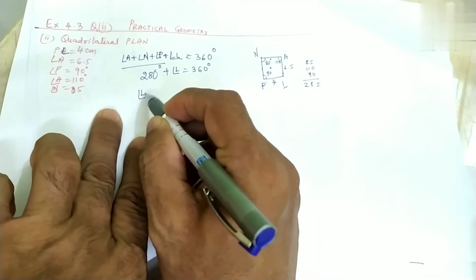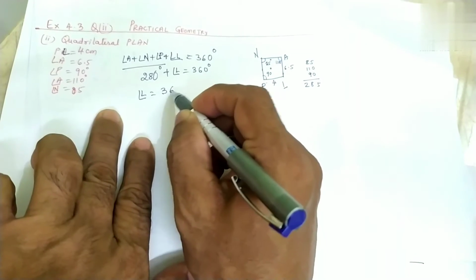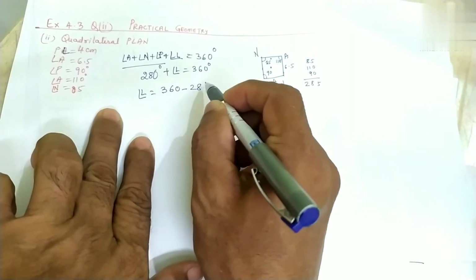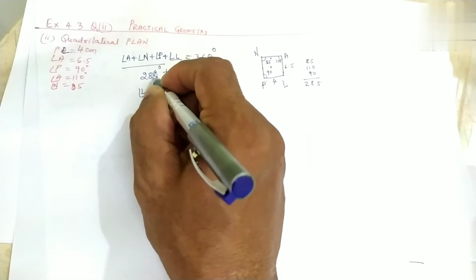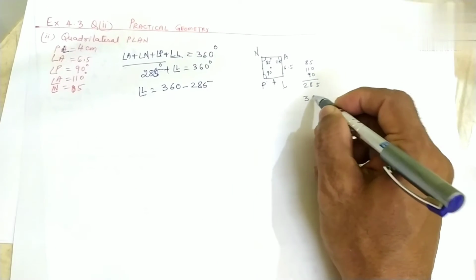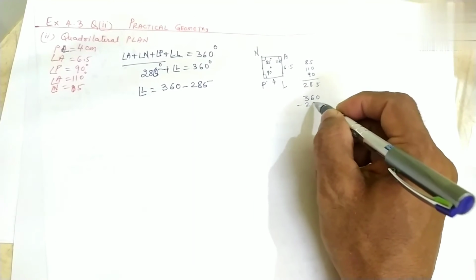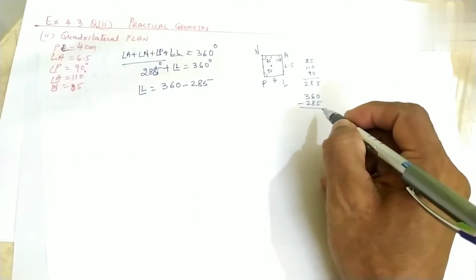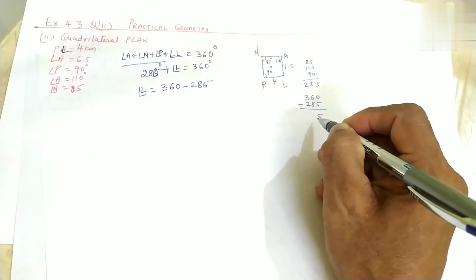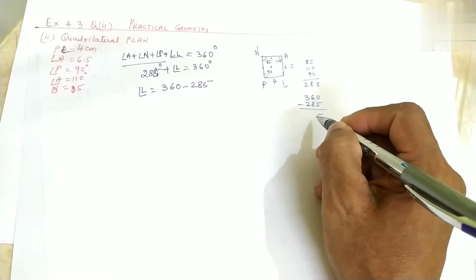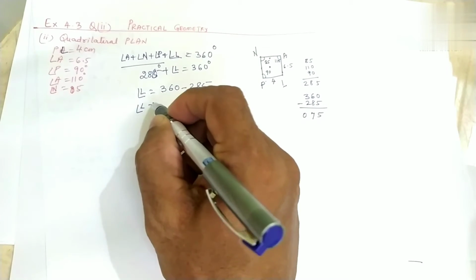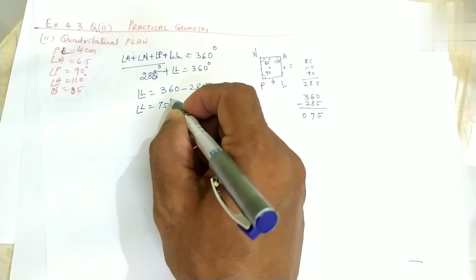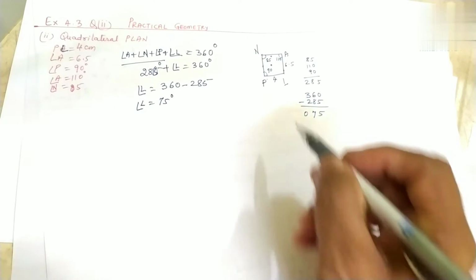The angle L is 360 minus 285 degrees. So angle L is 75 degrees.